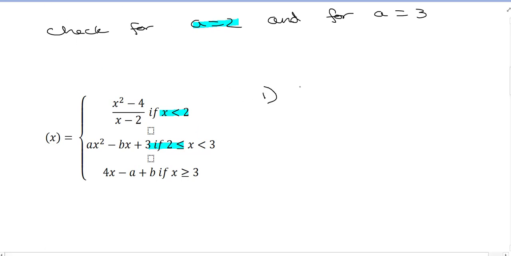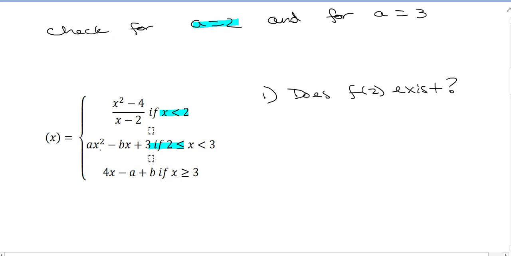The first thing is, does f of 2 exist? Where are we allowed to plug 2 in? This one says x less than 2, not equal to, so not there. Even if I try to plug it in, it wouldn't work, because it does not have the equals.